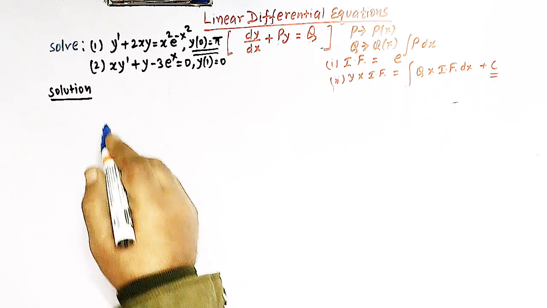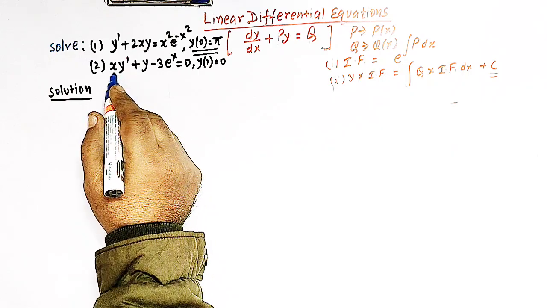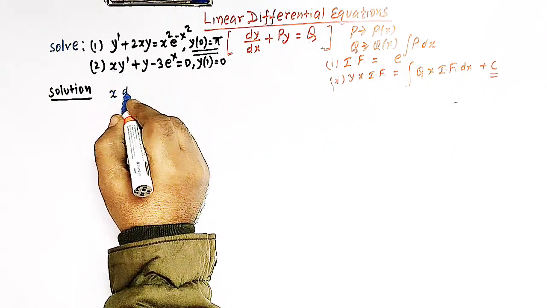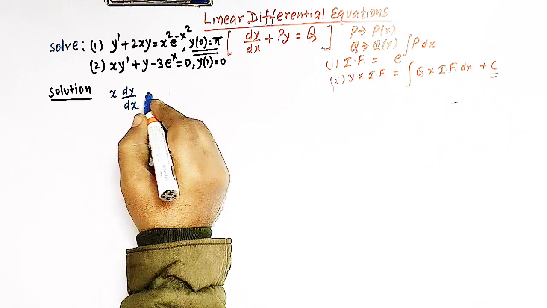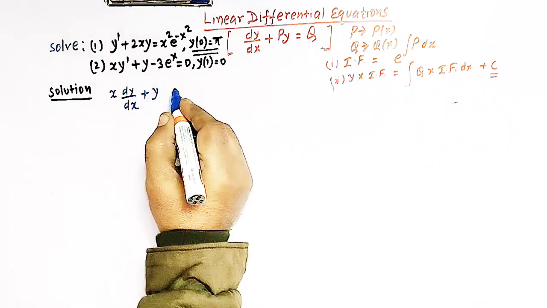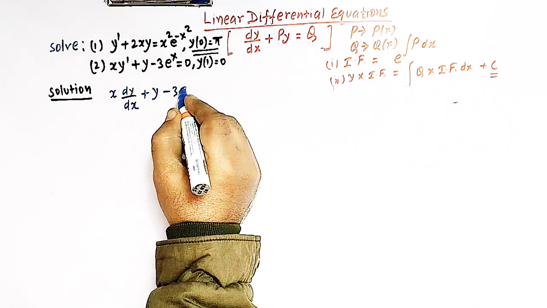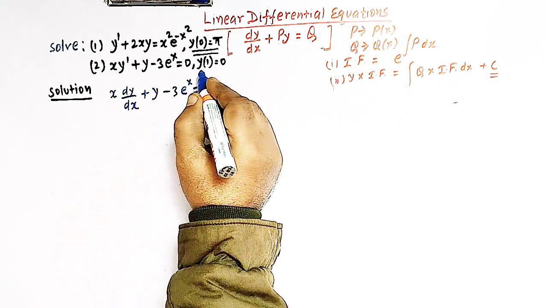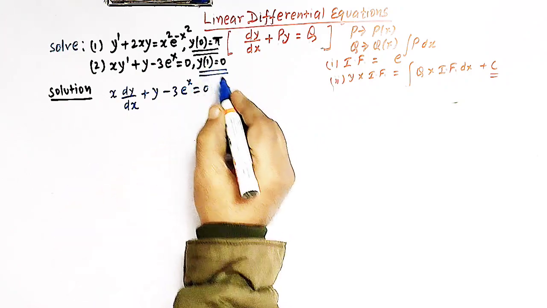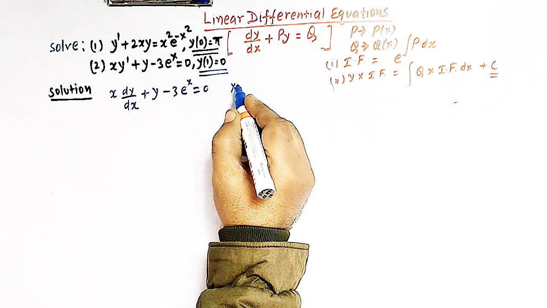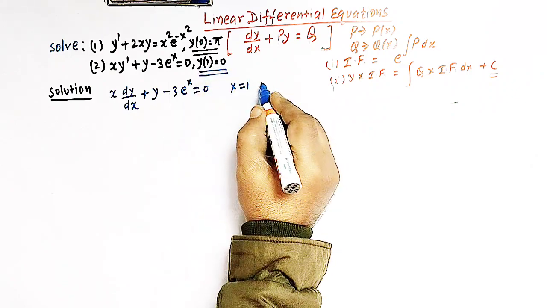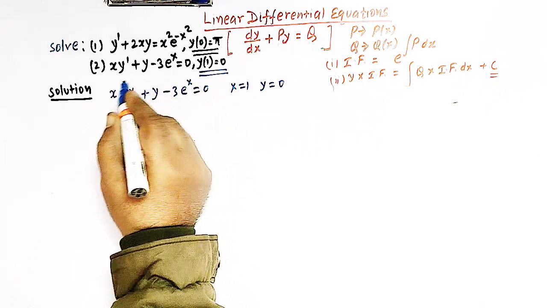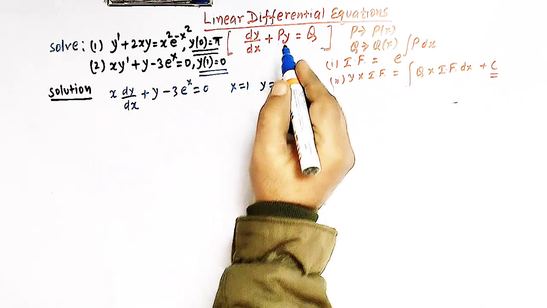So let us solve the second problem. Here we have x times y prime. Y prime is dy over dx. Then we have y, and here we have minus 3 times e raised to x, and this is equal to 0. And here the initial conditions are when x is 1, then the value of y is equal to 0, right? So let us first write this equation in this form.